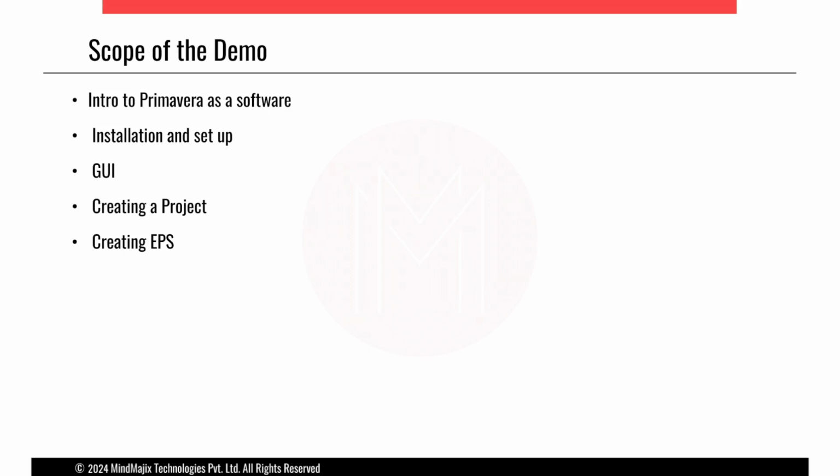Now let's talk about GUI. That is an acronym for graphical user interface. So whenever we are learning a new software, the first thing that we want to do is to learn the graphical user interface, or just scan through it, right?